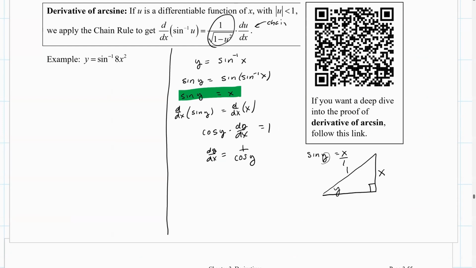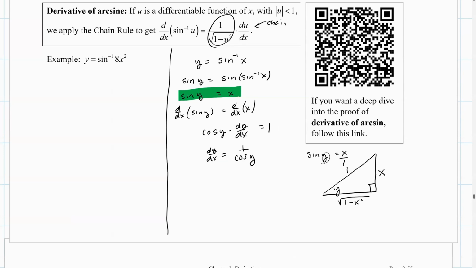So I've got a right triangle with an angle y, an opposite side x, a hypotenuse of 1, and if you do a little bit of Pythagorean theorem, you can find out that this ends up being the square root of 1 minus x squared.